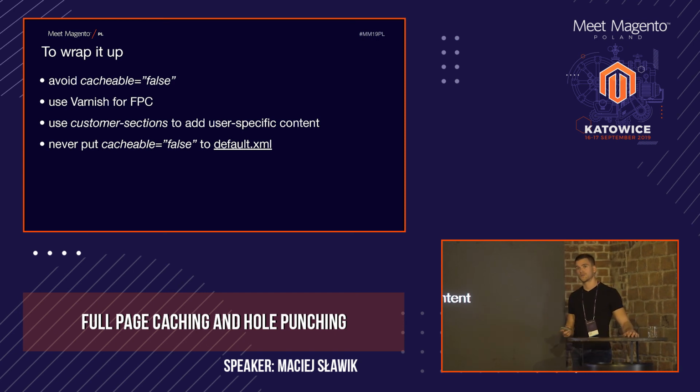And another thing I wanted to say is that you can use full page cache for caching GraphQL requests as well, which means if you create some headless applications or PWA, you can use Varnish as well to speed up the responses for example, for categories or for product pages.